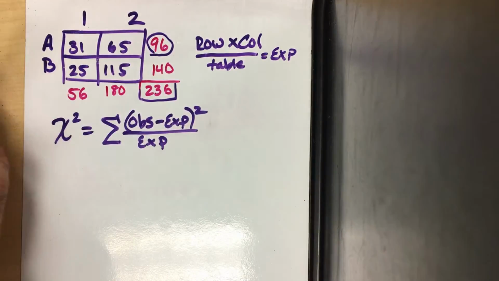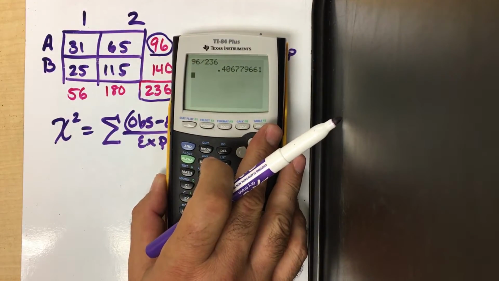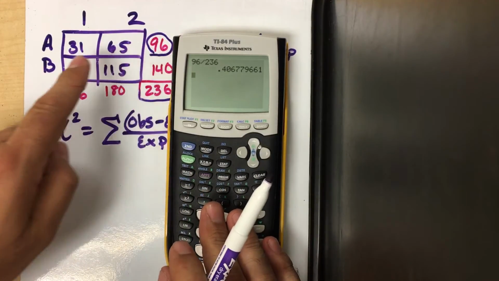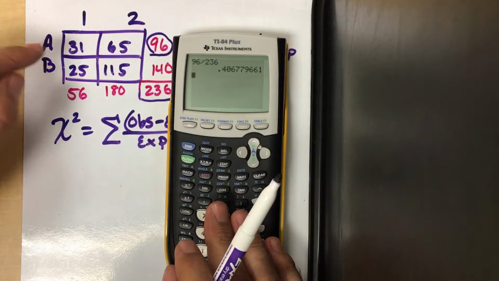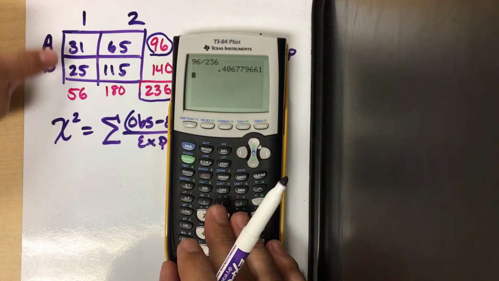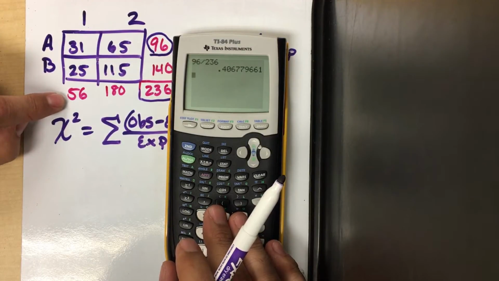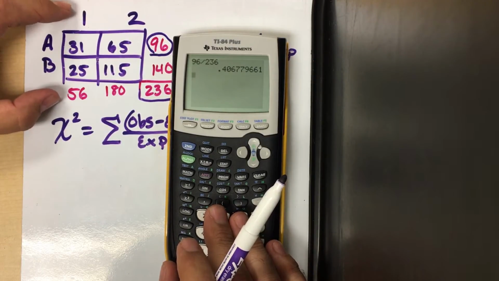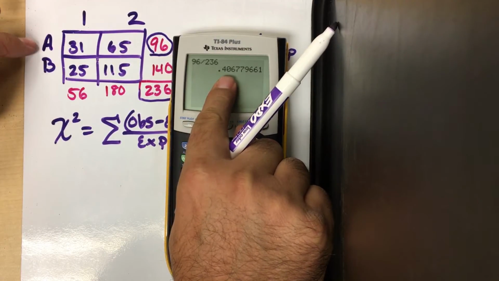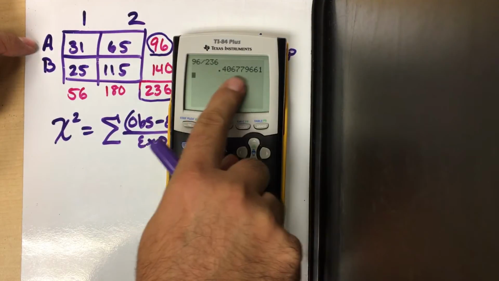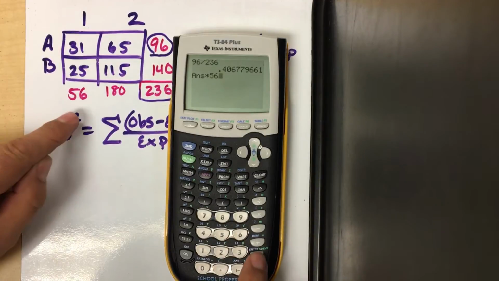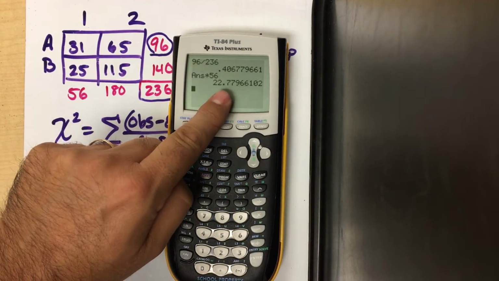Okay, well if that's my overall success rate, and that's basically 41%, then if the null hypothesis is true, that the level of difference is in fact just due to random chance, then I can treat this 41% success rate as the overall success rate, and then I can simply multiply it by this total of 56, because I had 56 people in group 1, and I expected 41% of them to be in group A. So I'm going to take that number, 0.406, and multiply it by this population total for population 1 of 56, and I get 22.77.